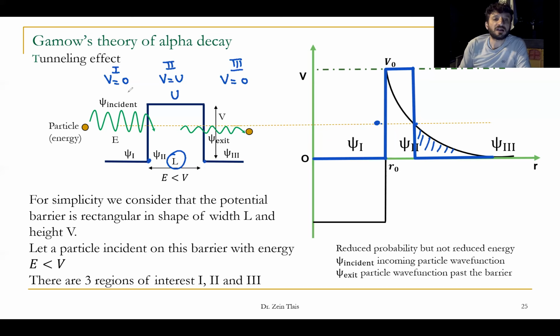In the first one we have phi 1 wave function, in region 2 we have phi 2, in region 3 we have phi 3. As you see here, E is less than U. U is higher than E.